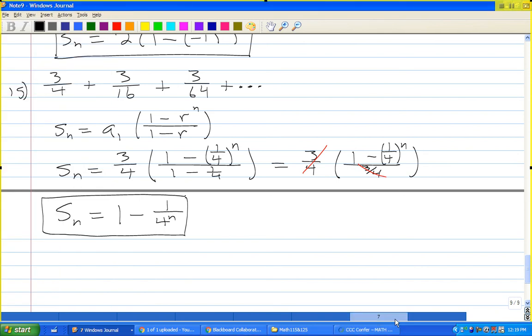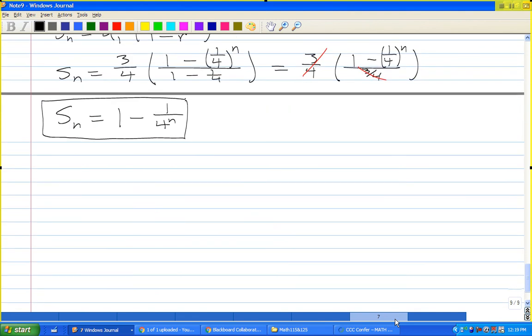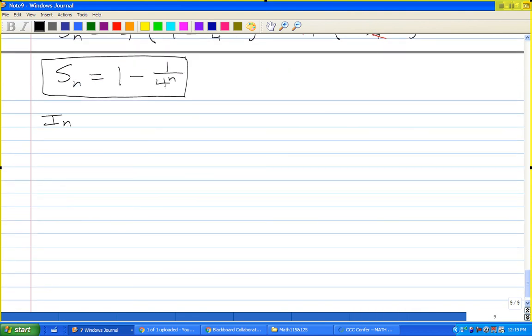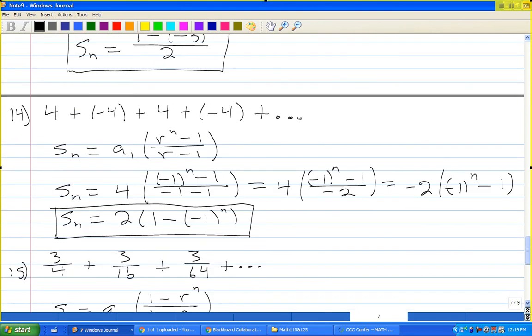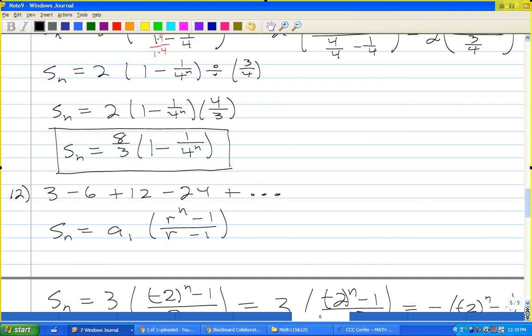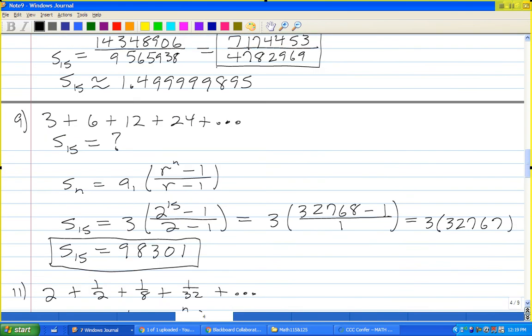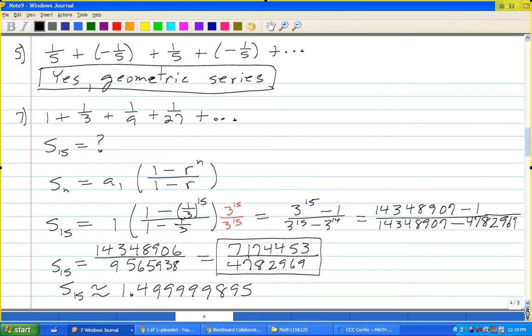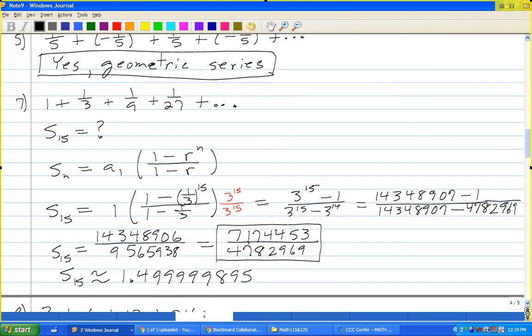Okay, so let's look at an infinite series. If you look up here at problem number 7, I said add up the first 15 terms: 1 plus 1/3 plus 1/9 plus 1 over 27, dot, dot, dot. And I got some number.